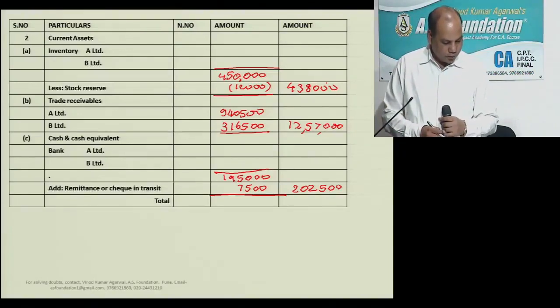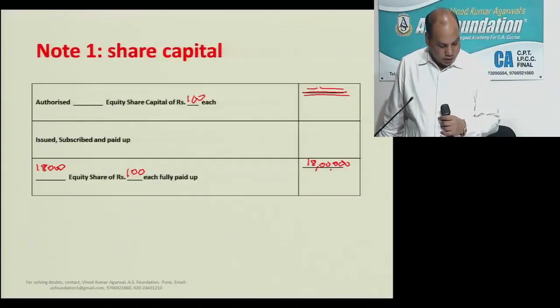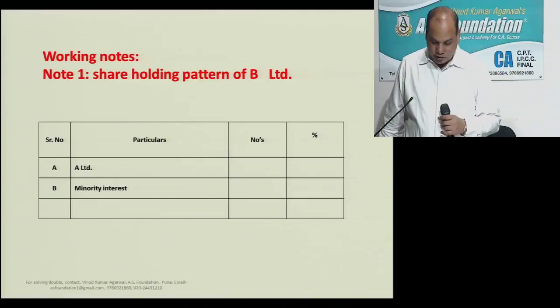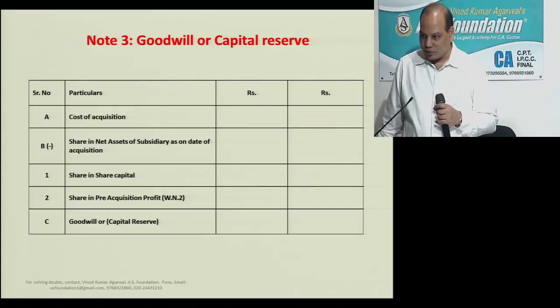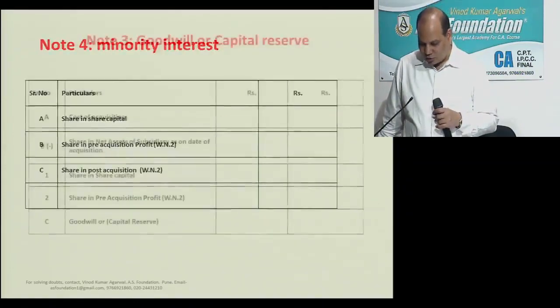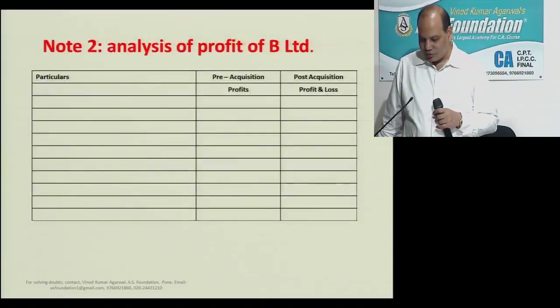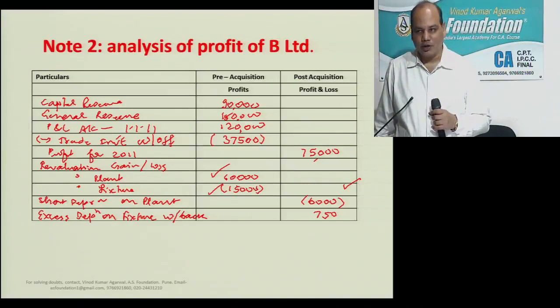Now point number 4 we have done actually. Cheque of rupees 7,500 was in transit on 31st December. Done. A Limited acquired the shares in B Limited on 1st January 2011. Okay. So now all adjustments are done. Sir, what will we do when all adjustments are done? We will take the total of working note 2.